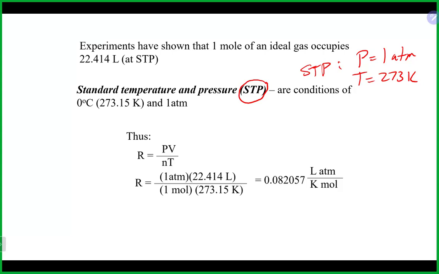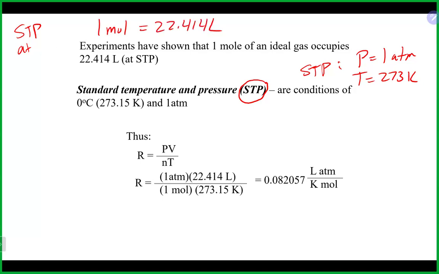Now, there is a really nice relationship that if you happen to be at STP conditions, 1 mole of any gas will have a volume of 22.414 liters.